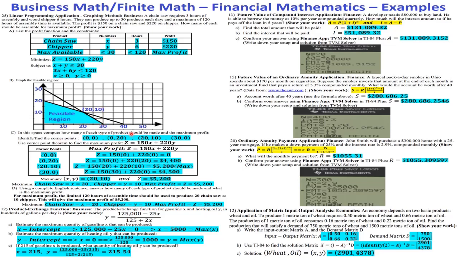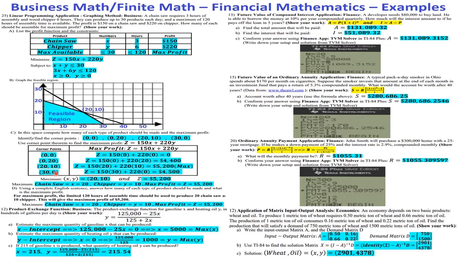So you identify the corner points, then you simply plug those corner points into the objective function, which is the maximizing function, z equals 150x plus 220y. When you plug in 0, 0, you get 0. When you plug in 0, 20, you get 4,400. When you plug in 20, 10, you will end up with 5,200.